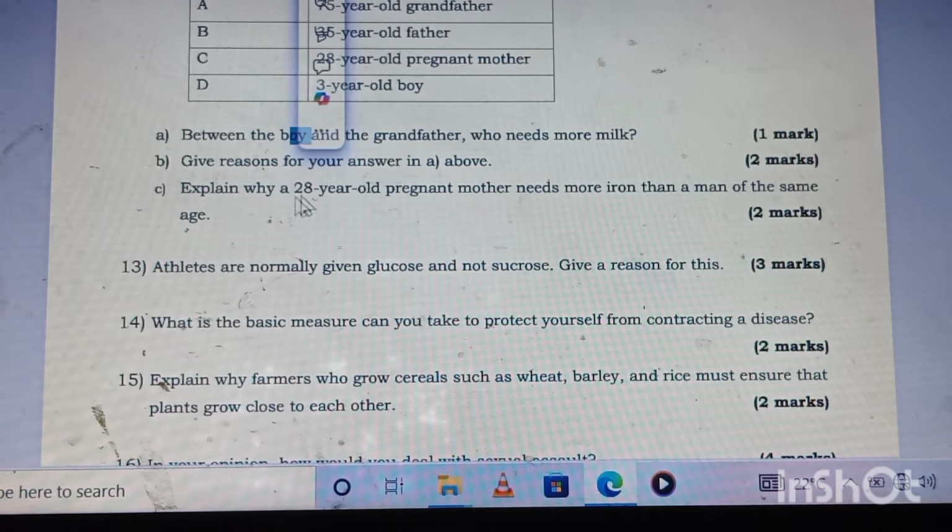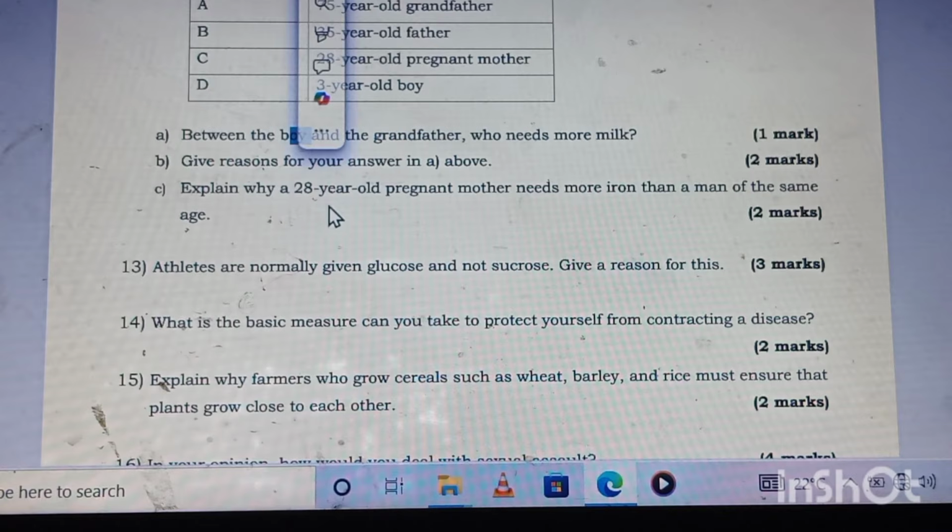For B, the reason is that the boy needs growth and development, development in mental ability, development in bone, etc.